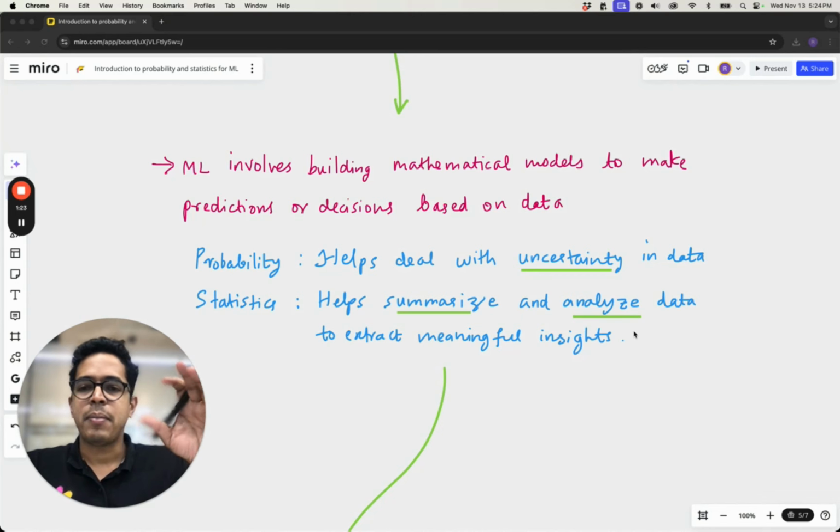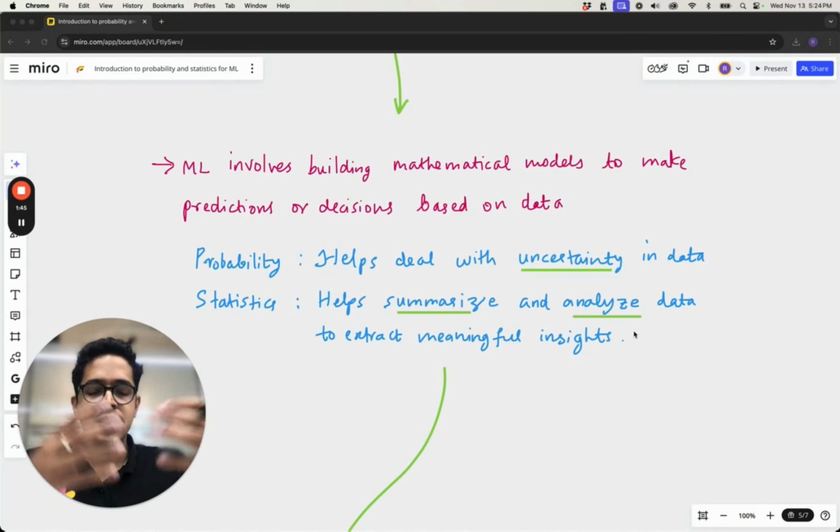So the reason why probability and statistics is very important in machine learning, probably the most important concepts in machine learning, is because it is not enough that you simply make a decision in ML. Often, for people to trust machine learning models, you also have to show some degree of uncertainty in your predictions. And probability is basically that branch of mathematics that deals with the uncertainty in data.